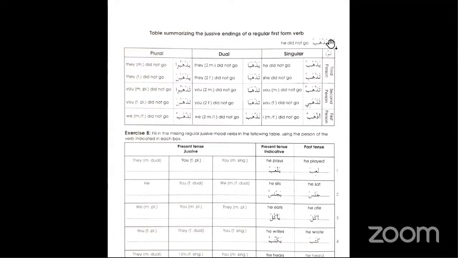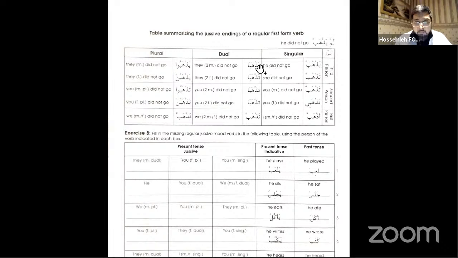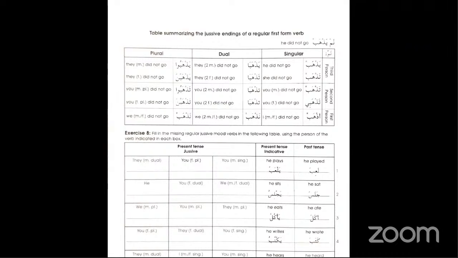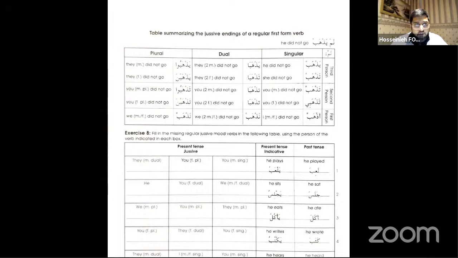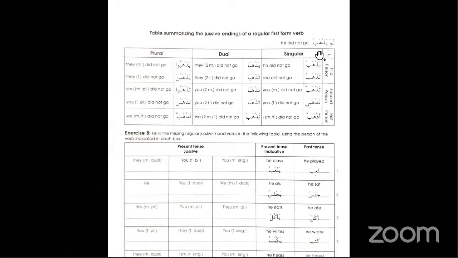Lam yadhab, lam yadhaba, lam yadhabu, lam tadhab, lam tadhaba. These are the correct ones. Lam yadhabna, lam tadhab, lam tadhaba, lam tadhabu, lam tadhabi, lam tadhaba, lam tadhabna, lam adhab, lam nadhab. So this is what happens. Is that clear now? Yes, alhamdulillah. The handout which I sent you has everything in there, which should be sufficient for yourself. Jazakallah, thank you very much.